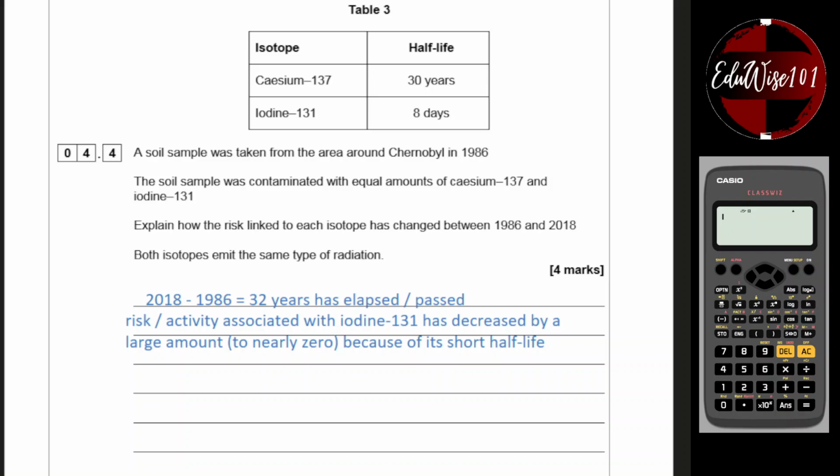The risk or the activity associated with iodine has decreased by a large amount to nearly zero because of its short half-life.